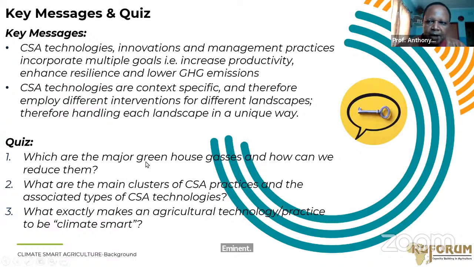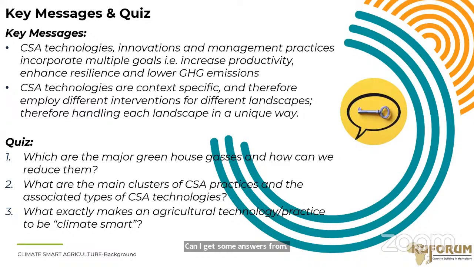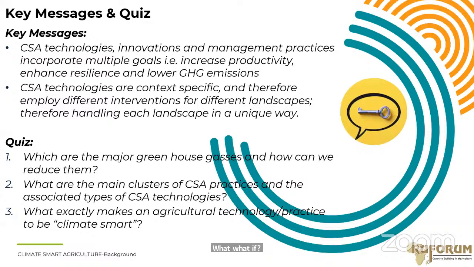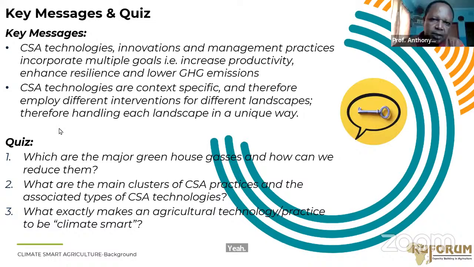Can I get some answers from the participants? I want them to talk, just quickly, because we are doing a recap. Please raise your hands, and then we allow you to talk to respond to the questions. You can see the questions on the screen.